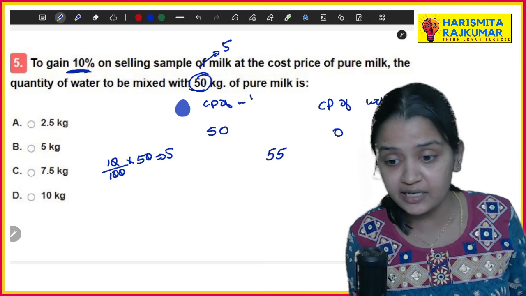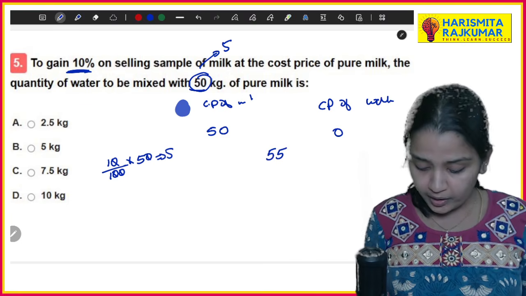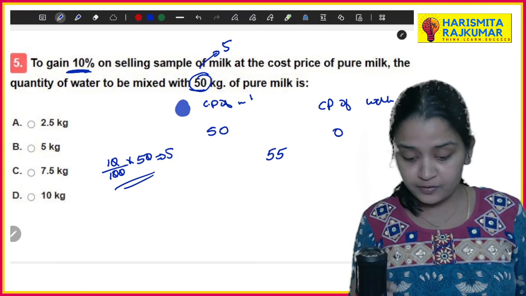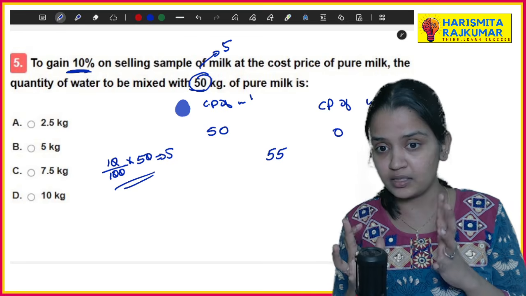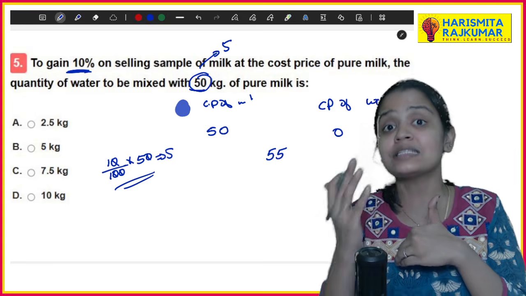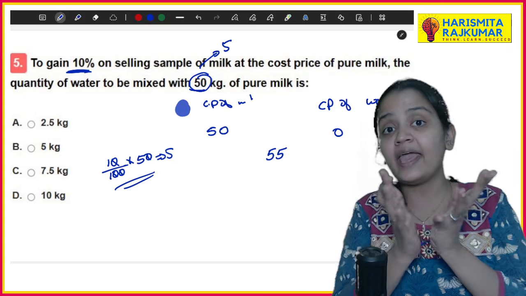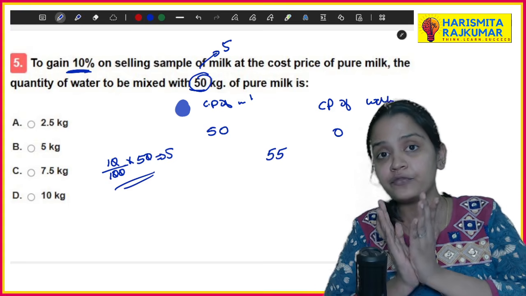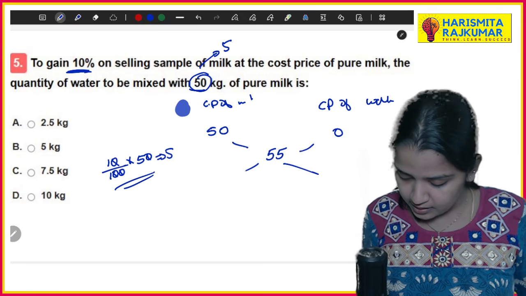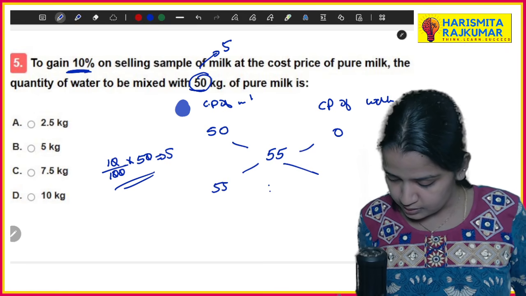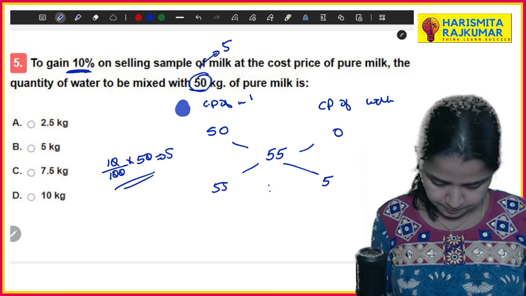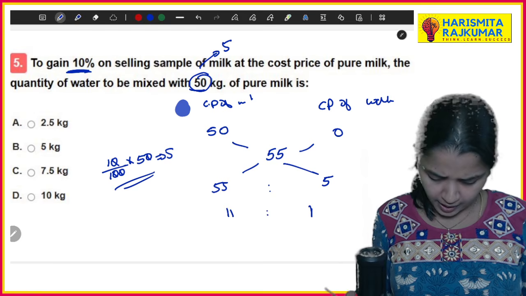If you have any doubt, you can just comment below. How I got this: the first part, you have the first sum the same way. 10 percent gain on milk. So I'm having milk for 50 kg. 10 percent of 50 is 5. Gain means I'm adding both, so it will be 50 plus 5, so 55. Now I just have to take the ratio, so this will be 5, and when I take it, it is 11:1.